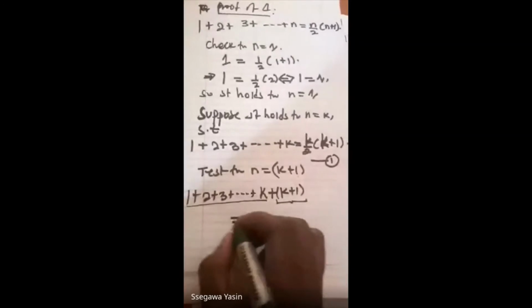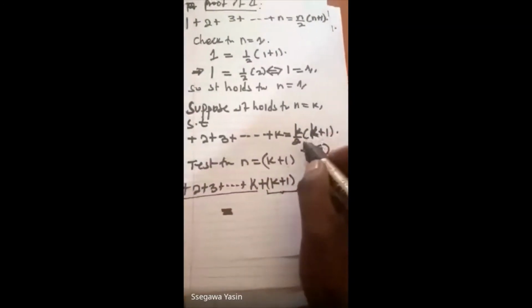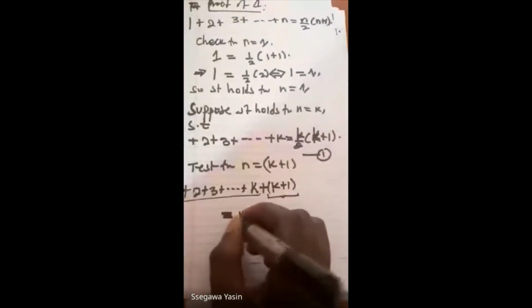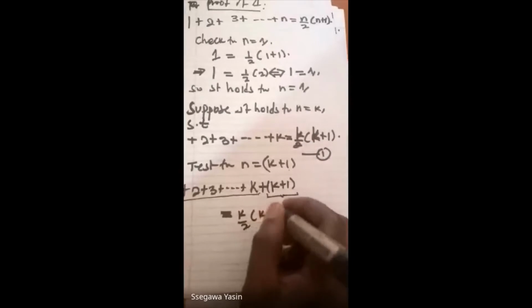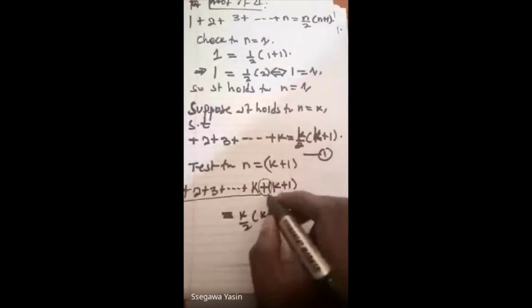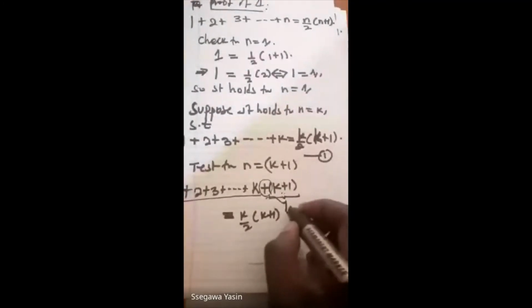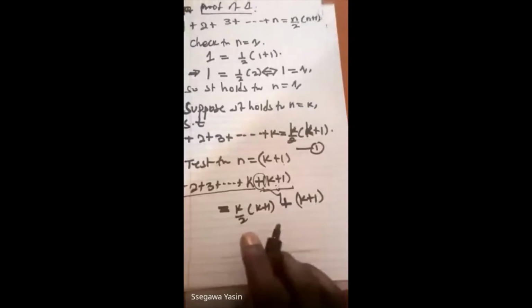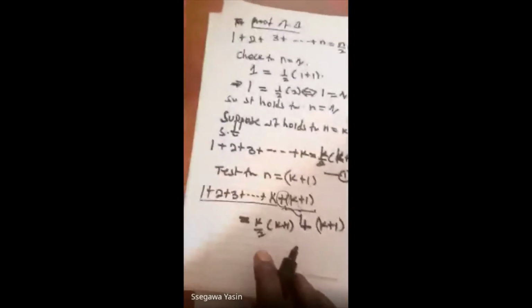This one equals to what? You see here, we have summed this first bit up to here, and we have called it k over 2 into k plus 1. Now, we are adding this next term, k plus 1. So what are we trying to look for now?